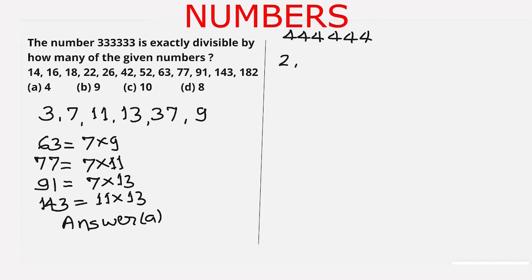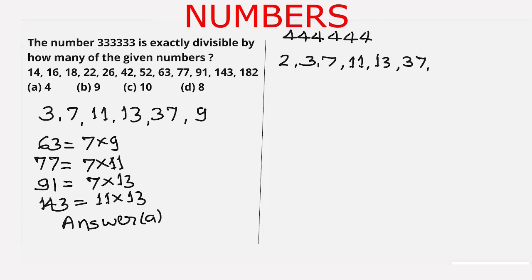Then it is also divisible by 3, 7, 11, 13, 37, and this number is not divisible by 9. Now we have got 2, 3, 7, 11, 13 and 37.